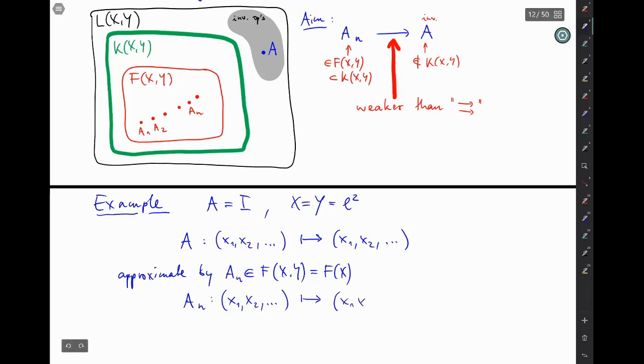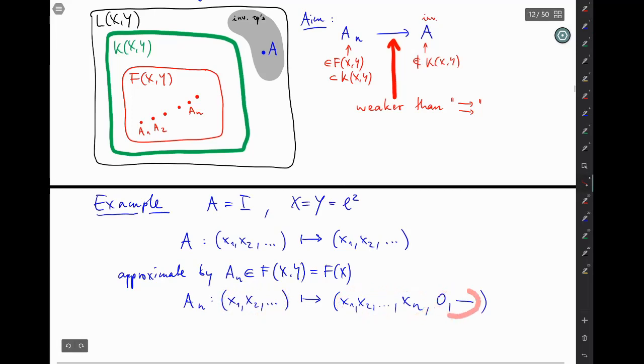So we have x1, x2, and so on up until, let's say, xn, where this n is just the number of that An. Okay, and then the rest is just replaced by zeros.